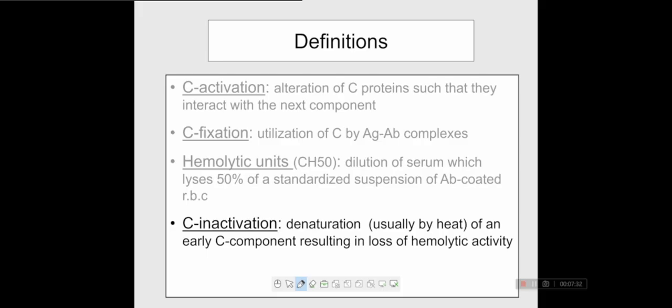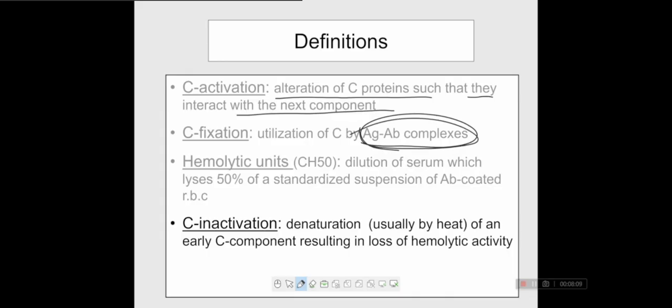Next is C fixation, the utilization of C by an antigen antibody complex. When C protein is fixed, it is utilized by the antigen antibody complex.